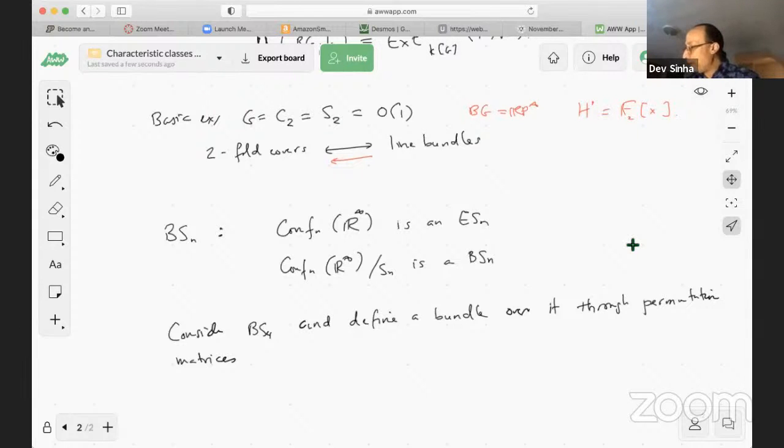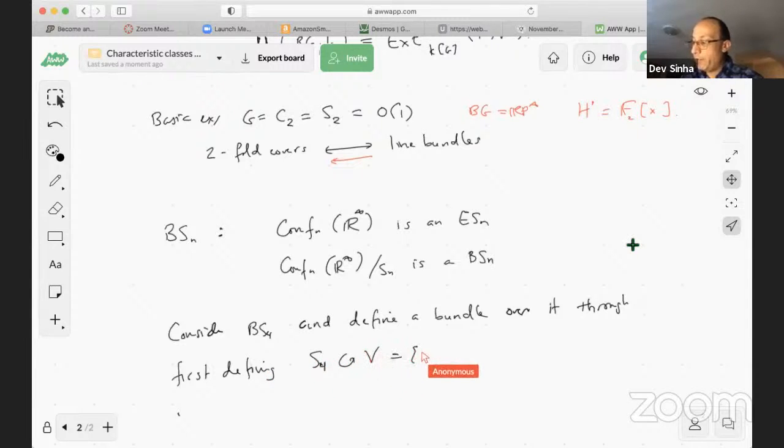We want to define a bundle over it by first defining a representation: S4 acting on V, the span of e1 through e4, by permuting the indices.